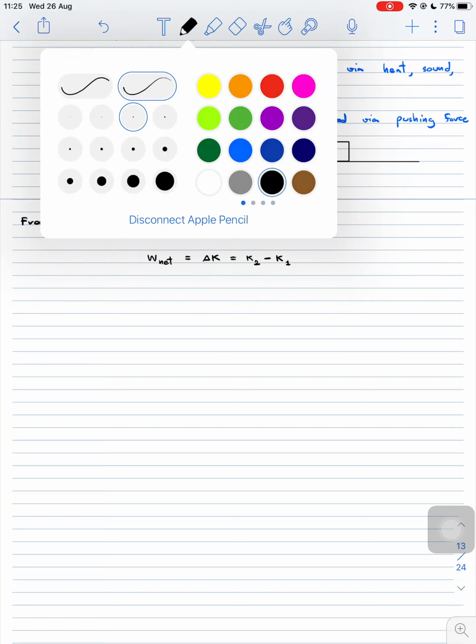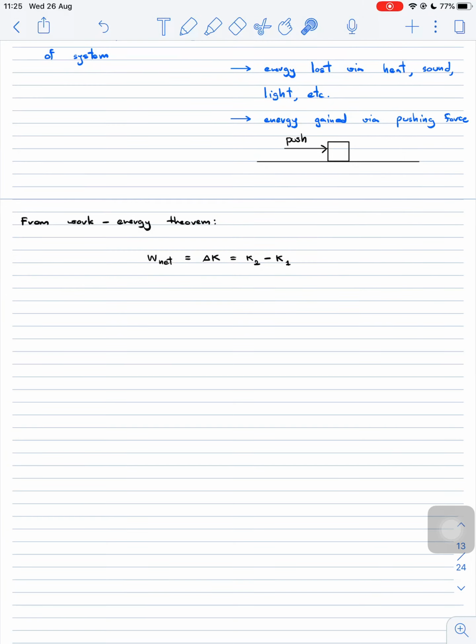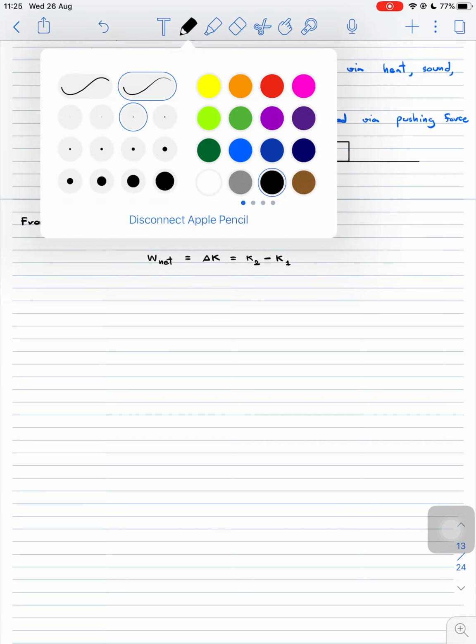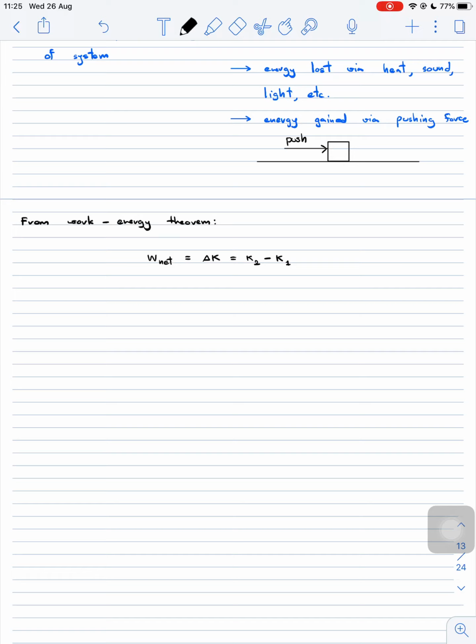Then again, in a system, if we have both conservative and non-conservative forces exerting on the system, we can write the work done by the resultant force to be equal to the work done by the conservative force plus the work done by the non-conservative force, equal to K2 minus K1.